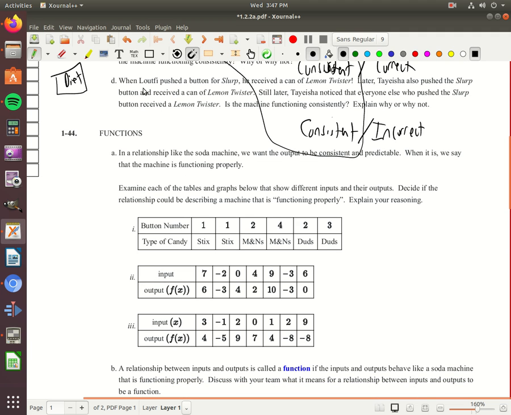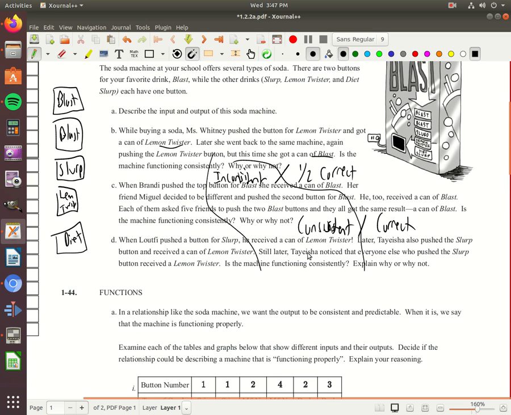So functions. In a relationship like a soda machine, we want the output to be consistent and predictable. Accuracy doesn't really have much to do with it, but consistency does. I want to know that when I push slurp and I get a lemon twister, that's fine. I know that if I want a lemon twister, I push this button.